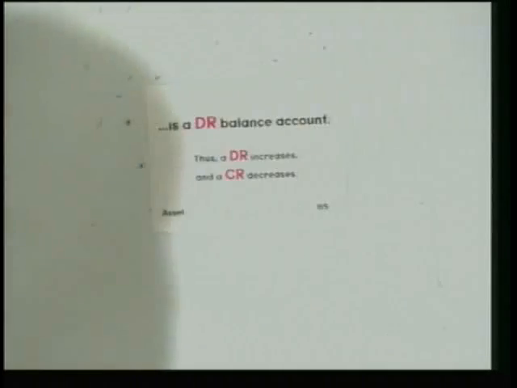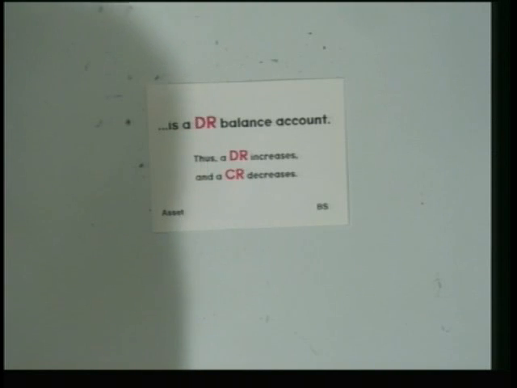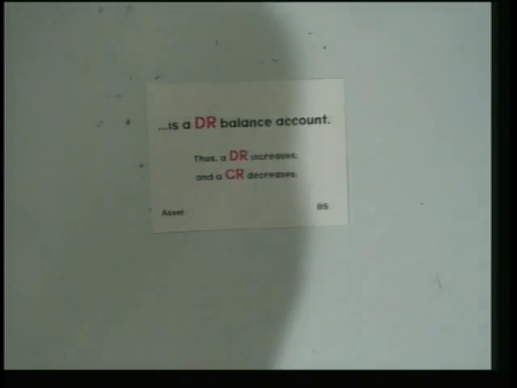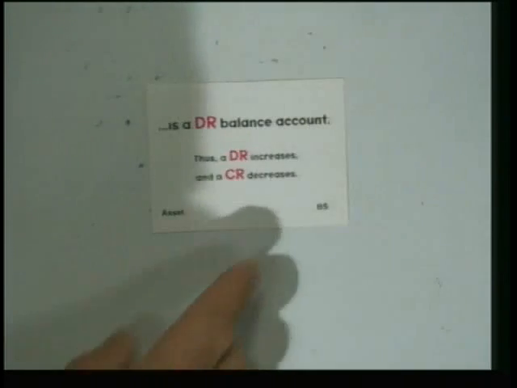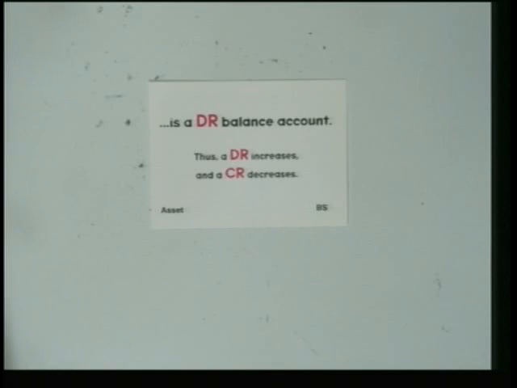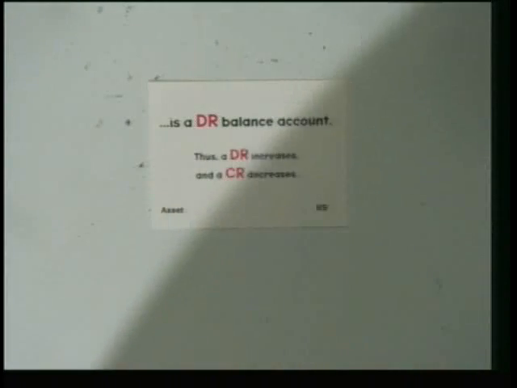Now, I even went a little further on this flashcard. In the lower left corner, I said that it is an asset. And on the right side, I said it is on the balance sheet, right? That is a great flashcard.